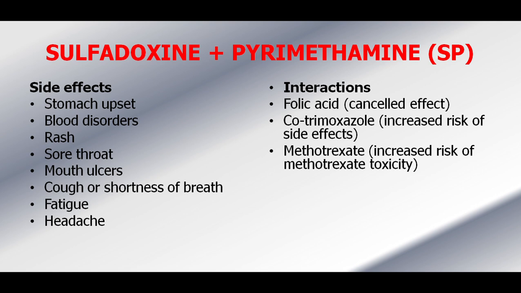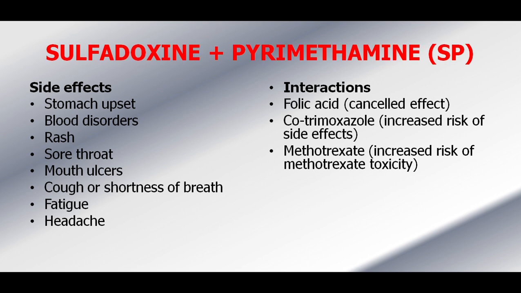So in the interactions, Fansida interacts with three major drugs. Number one, folic acid, which leads to a cancelling effect of Fansida. Then two, we have cotrimoxazole, where there is increased risk of side effects. Then three, we have methotrexate, where there is increased risk of methotrexate toxicity.